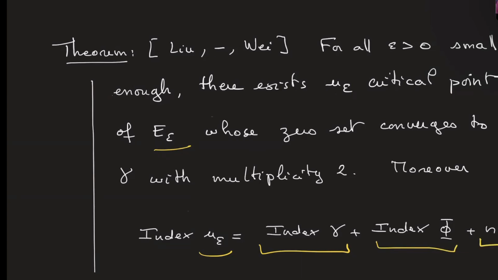And what is n? This is the number of minimum of my bouncing Jacobi field. Okay, so this theorem says that in essence the result of Chodosh and Mantoulidis doesn't work in dimension 2, and dimension 2 is very special because of this.